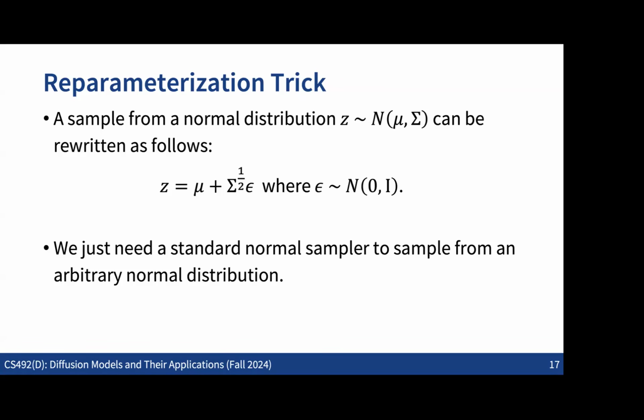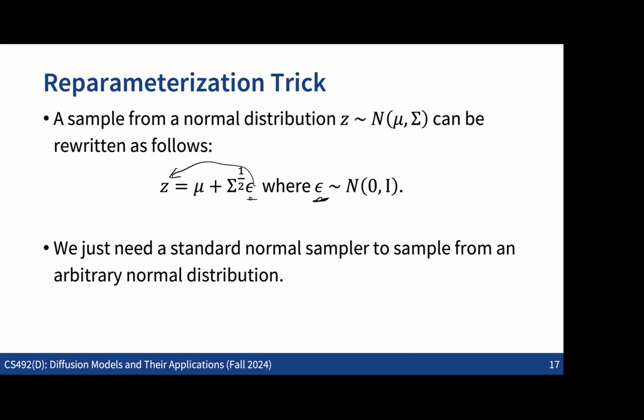So even this mapping from any arbitrary normal distribution to the standard normal distribution, and also the other way around, means that if we want to sample points from any arbitrary normal distribution, we can first make a sample from the standard normal distribution, epsilon here, and map this to one of the points of the given normal distribution.